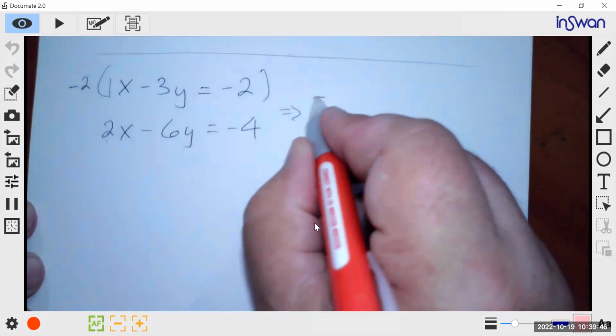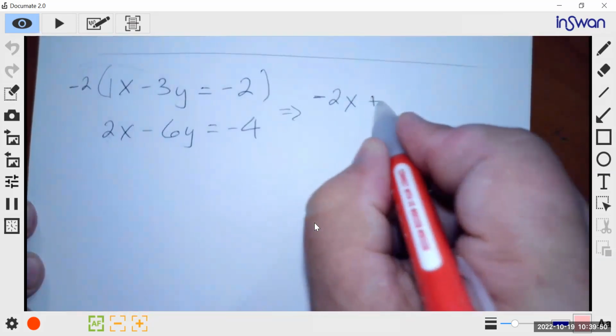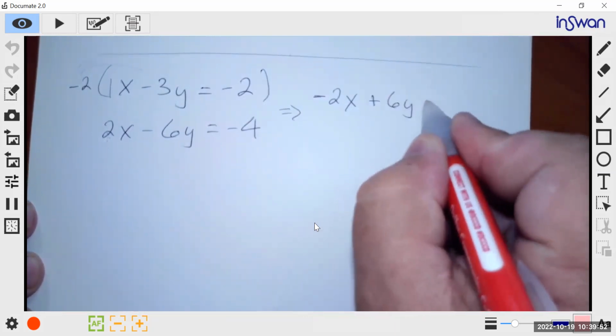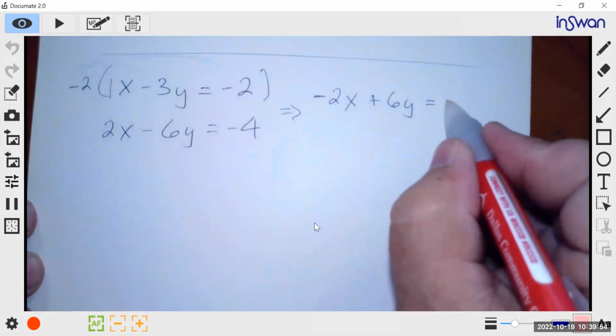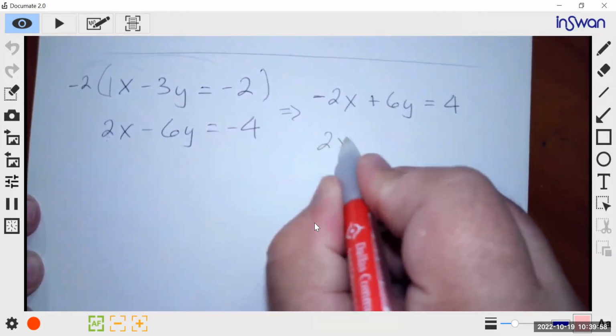Negative, positive is a negative. 2 times 1 is 2. Negative and negative is a positive. 2 times 3 is 6. Negative, negative is a positive. 2 times 2 is 4. And leave the bottom one alone.